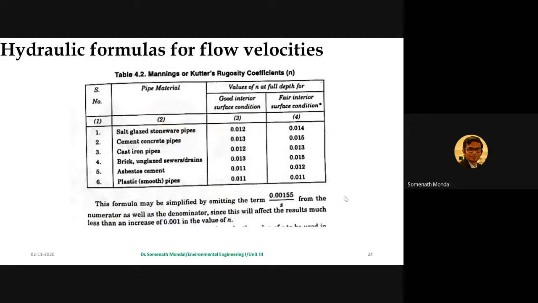Now, this formula may be simplified by omitting the term 0.00155 by s from the numerator as well as from the denominator, since this value will be very small.